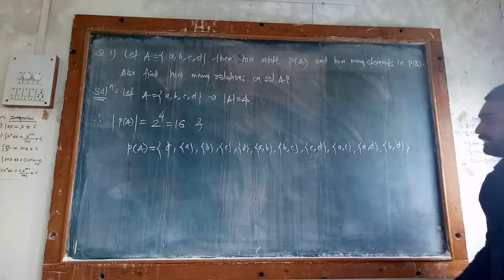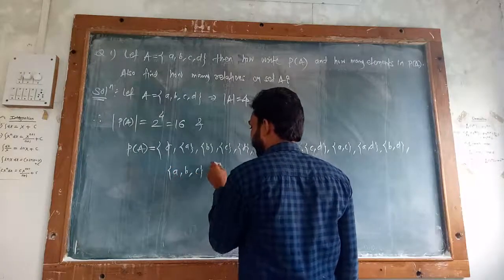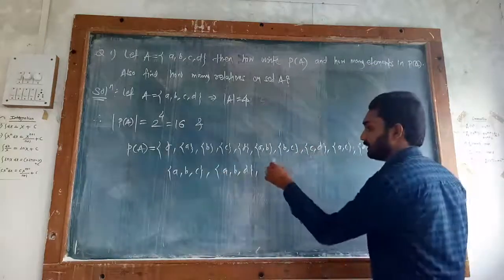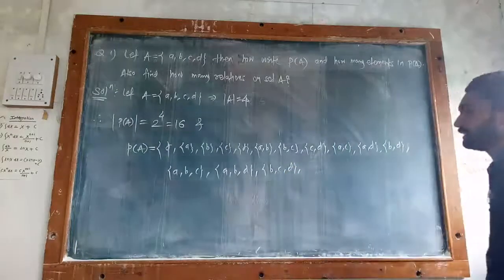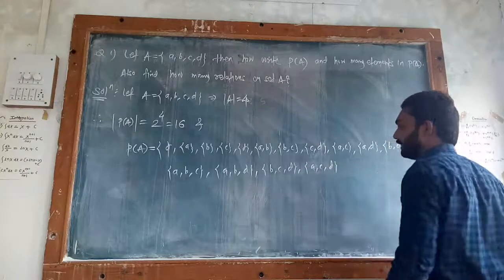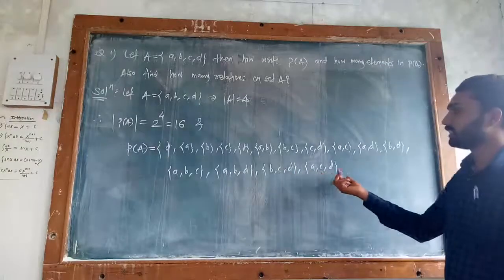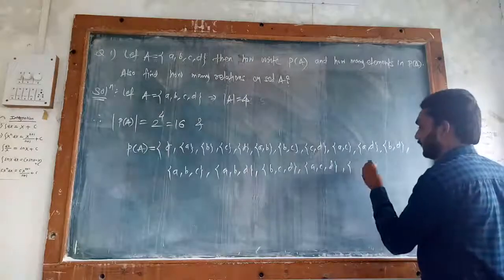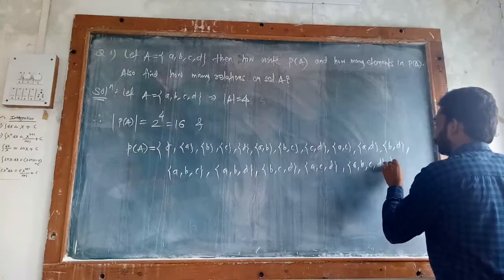Now sets containing 3 elements: {a,b,c}, {a,b,d}, {a,c,d}, {b,c,d}, and your last is {a,b,c,d}, your whole set.